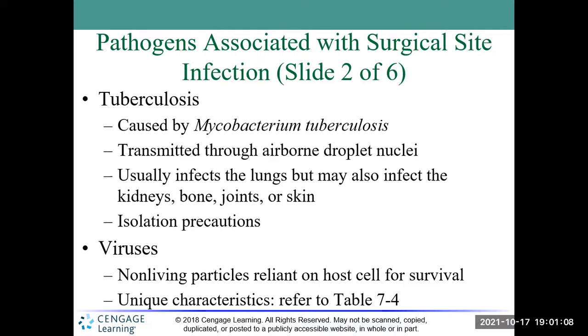We talked about this a little bit. Tuberculosis, it is caused by Mycobacterium tuberculosis bacteria. It is transmitted airborne through droplet nuclei. It not only affects the lungs, which is what most people think about, but it also affects the kidneys, bones, joints, and skin. There's a lot of isolation precautions that are taken with TB positive patients, including a negative airflow room where the air is actually sucked out of the room instead of pumped into the room.